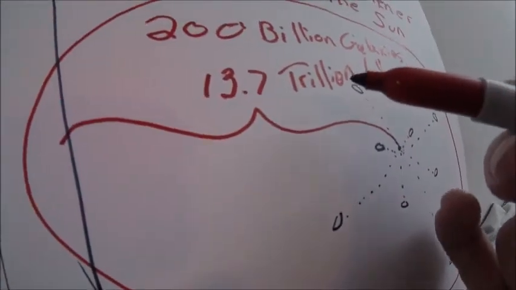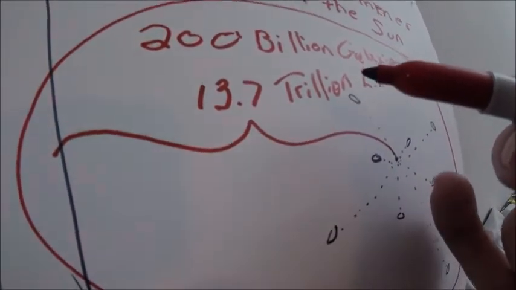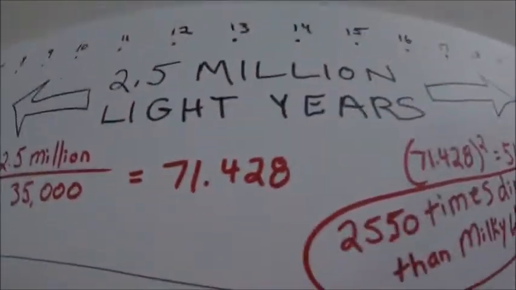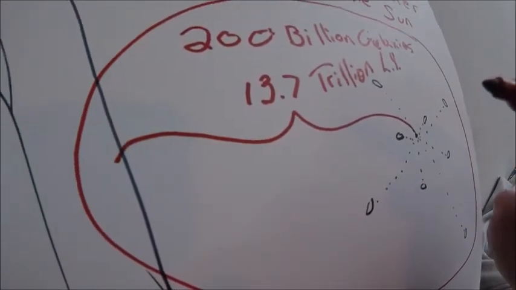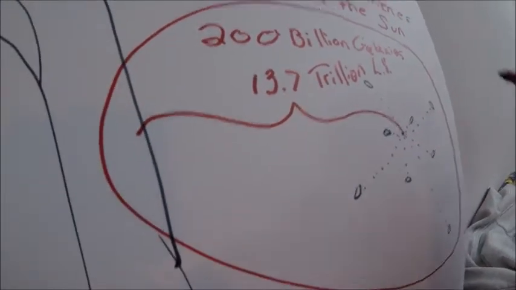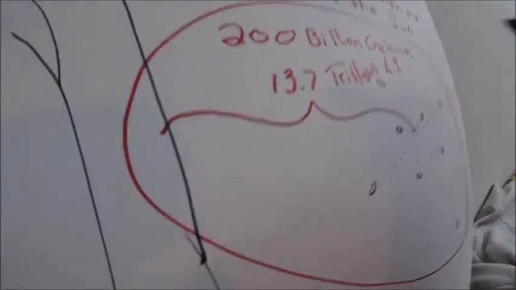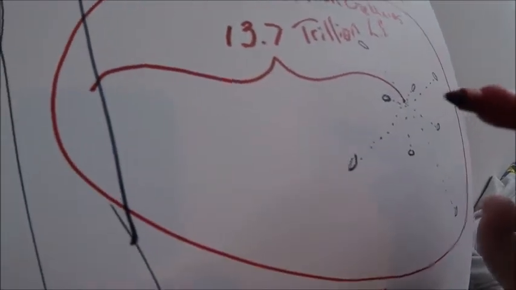That's a factor of, a million times 1,000 is a billion, times 1,000 is a trillion. So it's 2.5 million times a million times somewhere between 5 and about 5.5. So it's roughly 5.5 times a million squared.